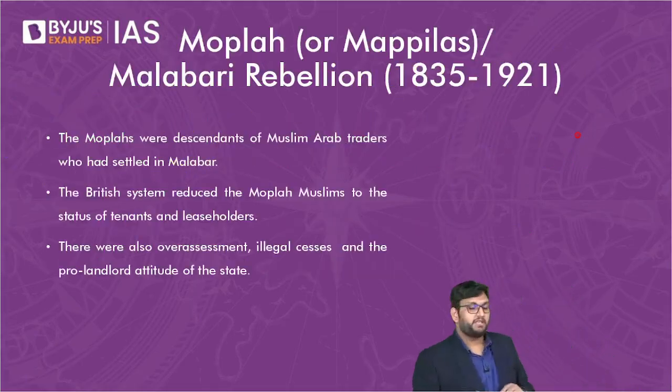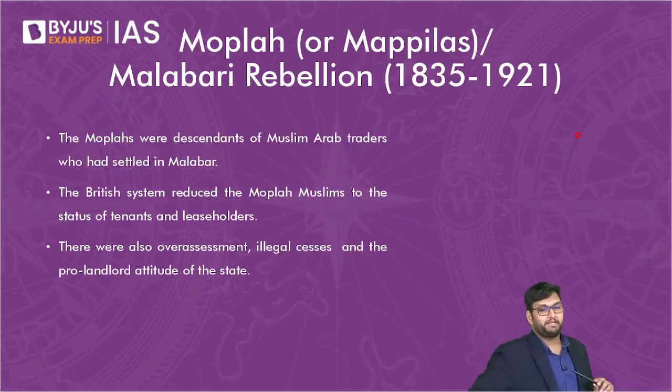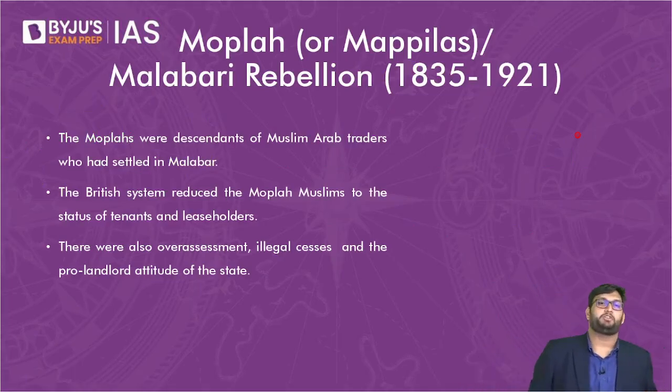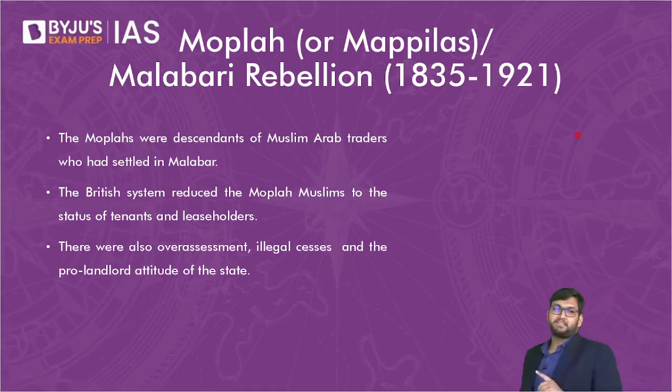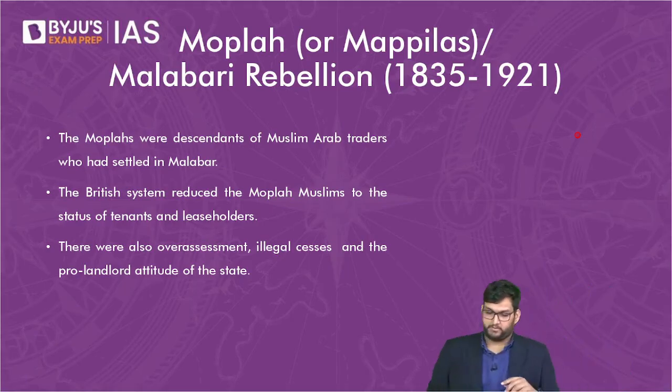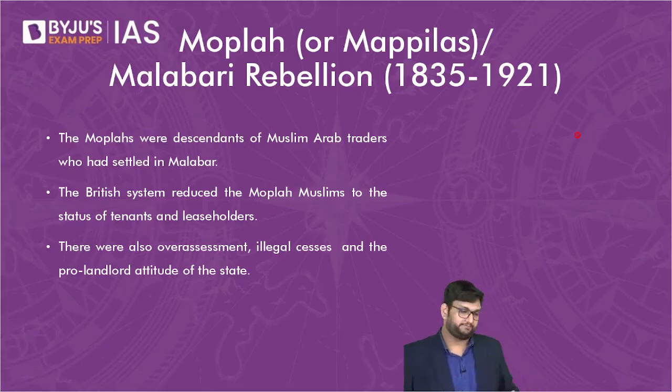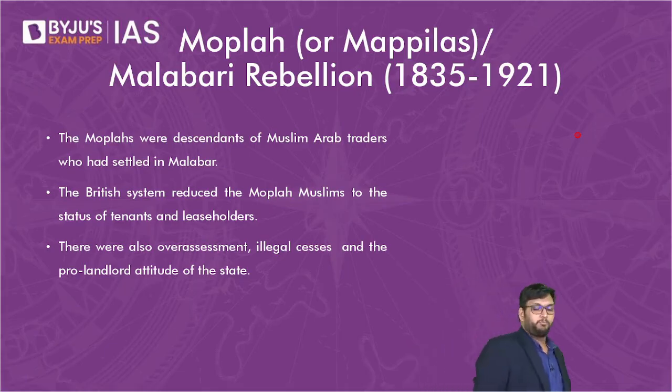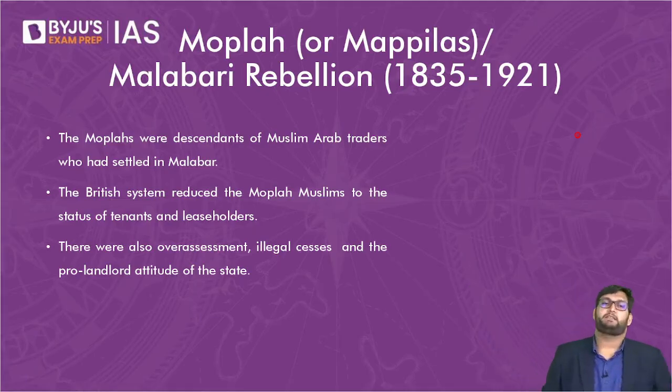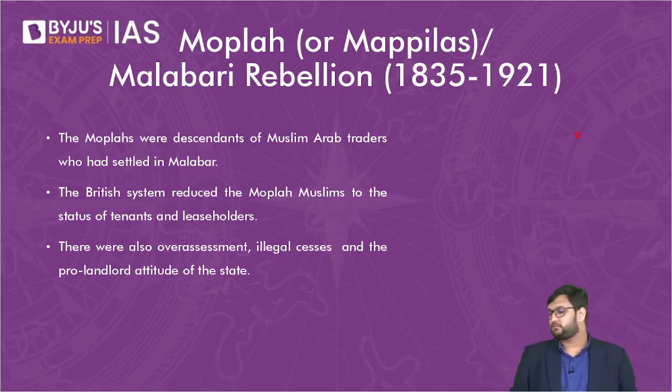Hereafter comes the interesting rebellion called the Malabari rebellion, or the Mopla or Mapila rebellion. This is interesting because of the way it manifested itself. Mopla Muslims are basically the descendants of Arab traders who came to the Kerala sector and settled down, interacting with the population.